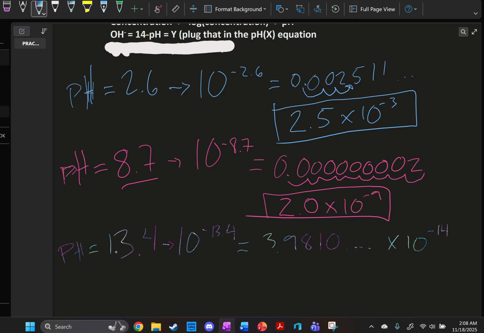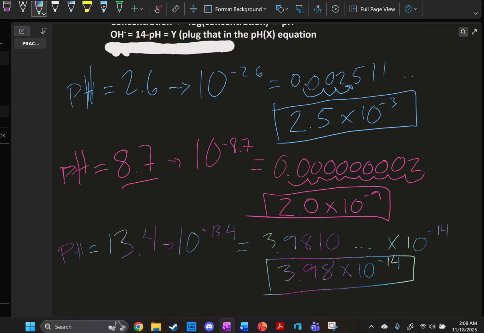Now we only have 3 significant figures, so we need to just show those 3. So that's 3.98 times 10 to the negative 14. Boom. That is the answer.